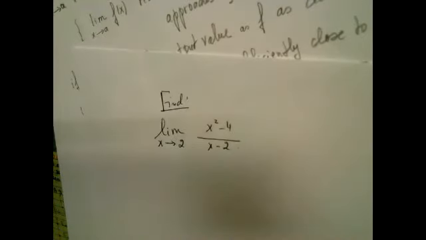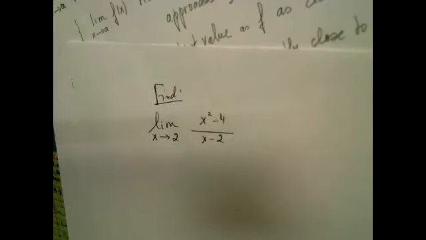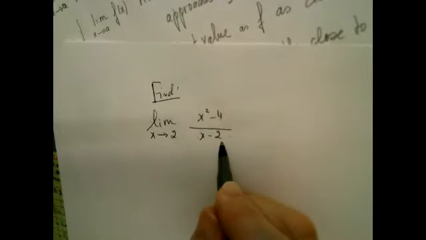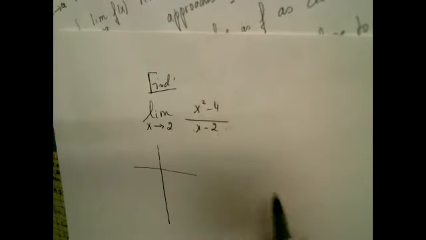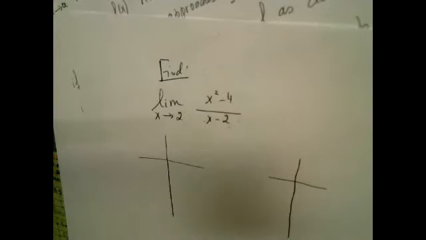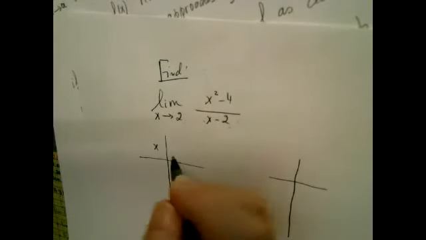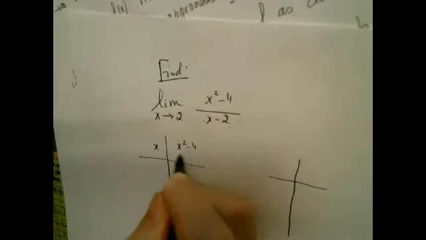And I want you to find it using the same approach I did at the beginning. I want you to find what happens here. Note that at x equal to 2, the function doesn't make sense. That's why I'm asking you when x is close to 2. So pick up your calculator and tell me what should happen. I want a table with x and the output.